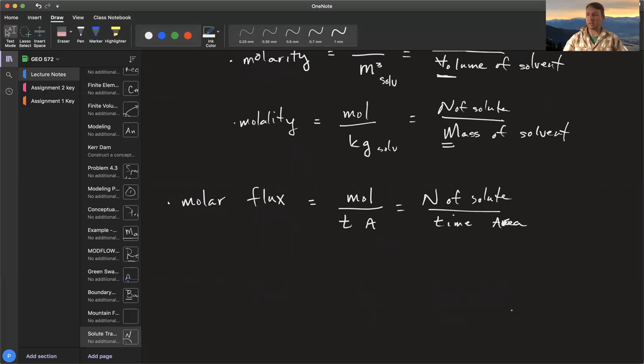So one way we can think about flux is that we could think about discharge. So as an example, we can get at the molar flux.